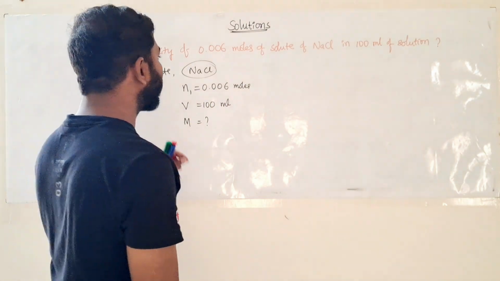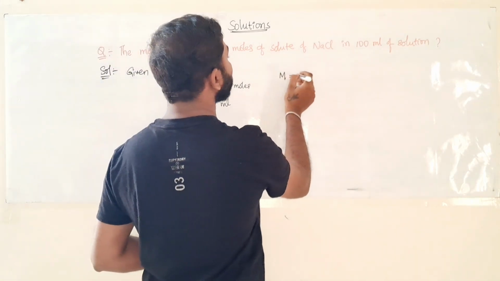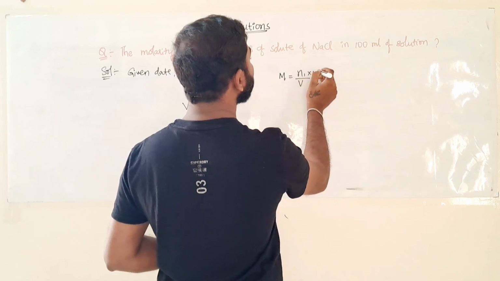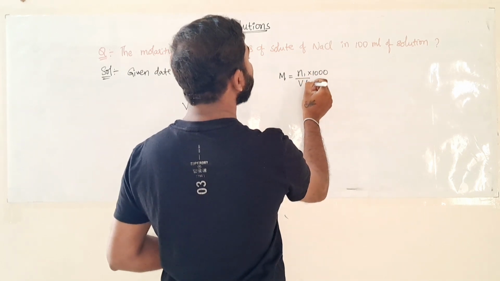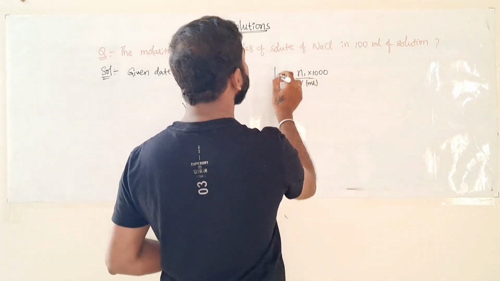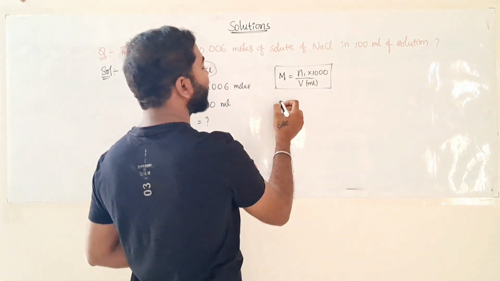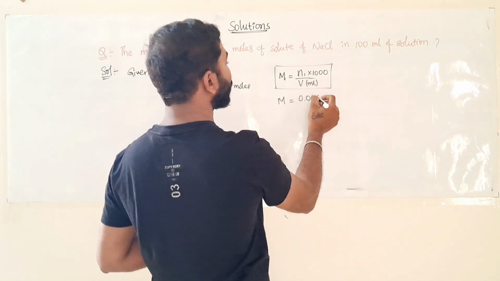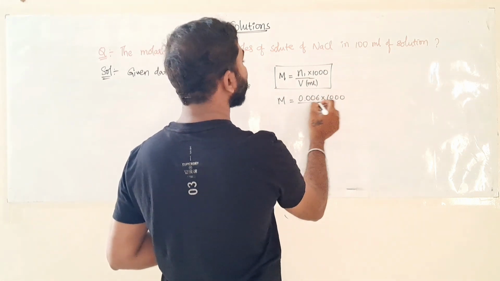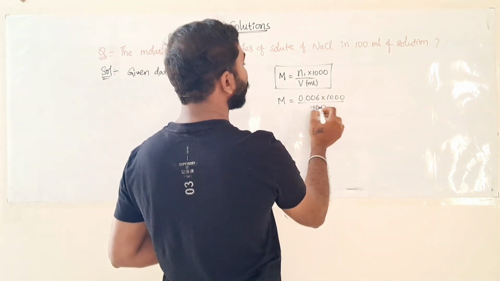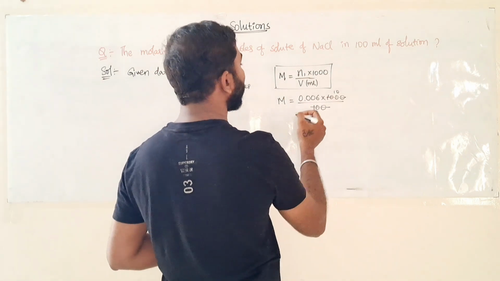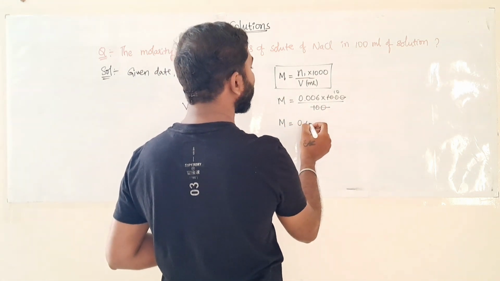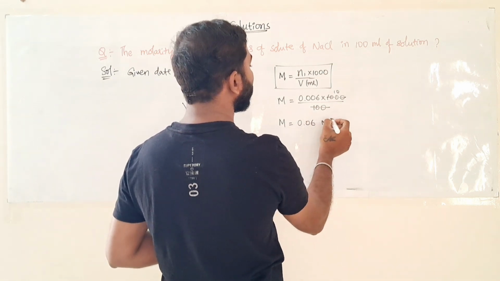So by observing this, we have the formula, that is molarity is equal to N1 into 1000 by V in ml. This is the relevant equation to solve this. Molarity is equal to 0.006 into 1000 divided by 100. So this goes out with 10, and then if we multiply with this 10, we are going to get 0.06 molar.